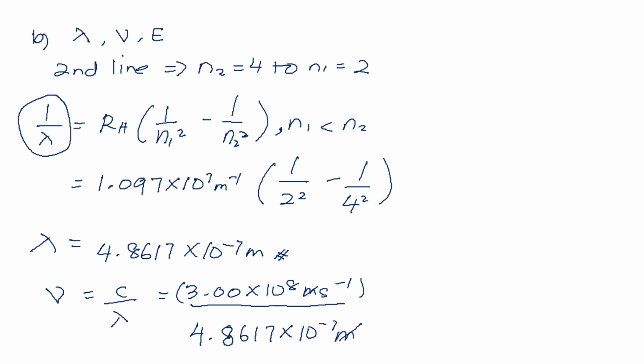So we cancel the unit meter, and we will get the answer of the frequency equals 6.1706 times 10 to the power of 14 per second, or another unit of frequency is hertz.